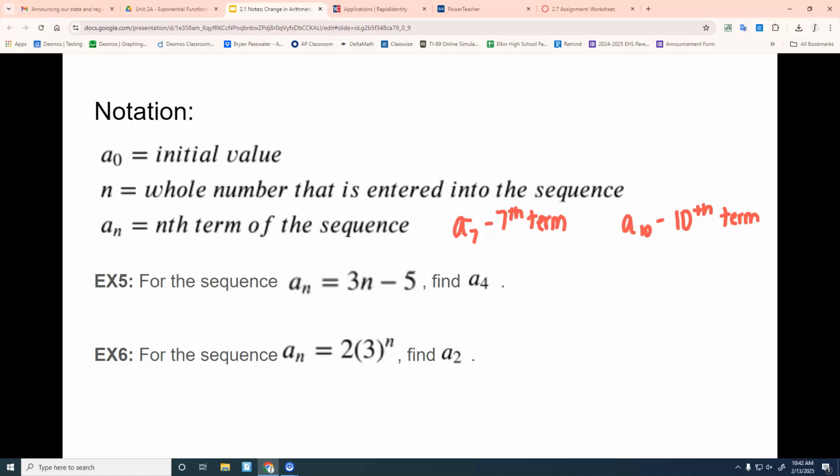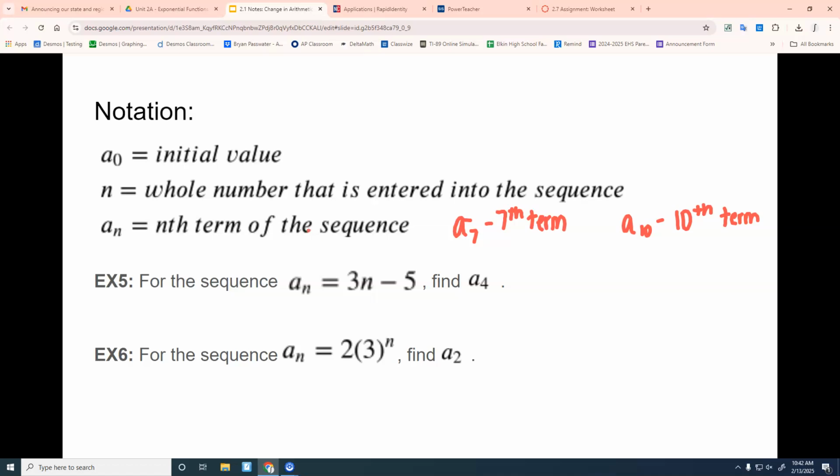Okay, so there are a couple ways that these can be defined here. Whenever we are looking at the problems that we're given here, these are essentially just like functions. The only difference is that we can only plug in the whole number. So you can't have A of 2.7, right?